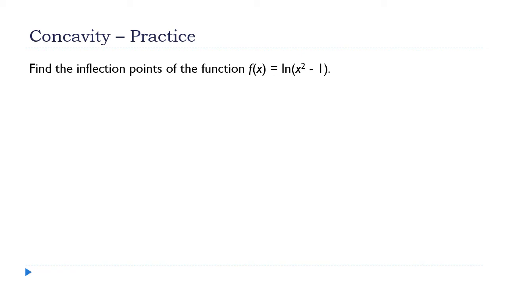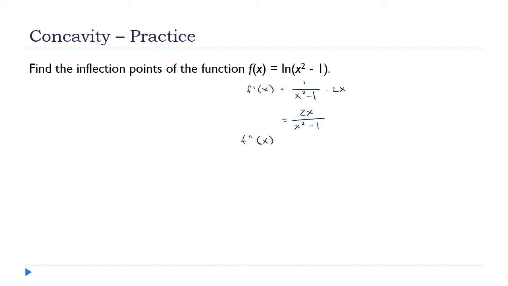All right, so to do this, I need the second derivative. So let's see, f prime of x is 1 over x squared minus 1 times the derivative of x squared minus 1, that's 2x. So this is 2x over x squared minus 1. Now I'm going to take the derivative again.